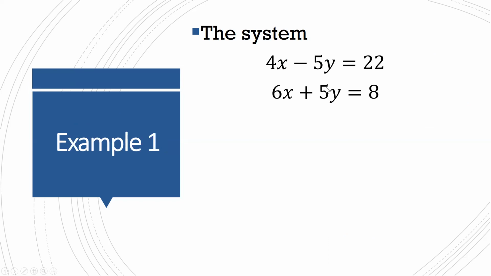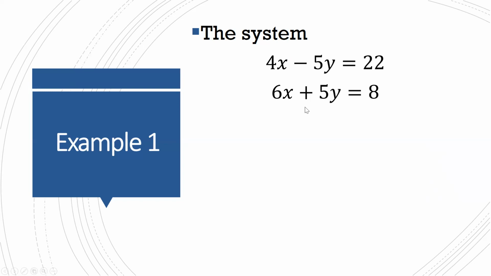The y terms are also right above and below each other. The equal signs are above and below each other, and the constants are above and below each other. As long as we have those things lined up in column format, we can utilize the elimination method. So that step's done for us.